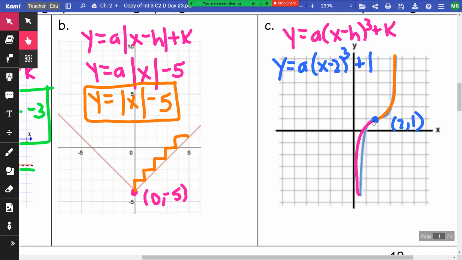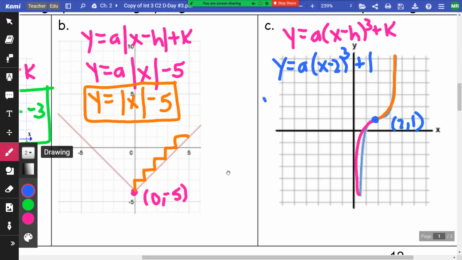So that means my A is 1. If I went out 1 and I went up 5 or something, then 1 cubed is 1, I would have times it by 5. My stretch would have been 5, for example. So this is going to be y equal x minus 2 cubed plus 1.